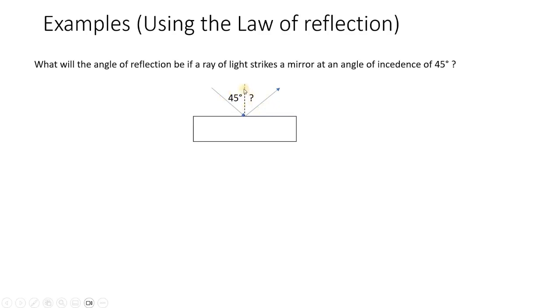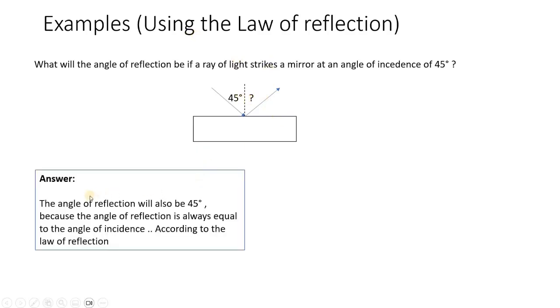The question mark asks what the angle of reflection will be. Using the law of reflection of light, the angle of incidence and the angle of reflection are always the same, so the angle of reflection will also be 45 degrees.